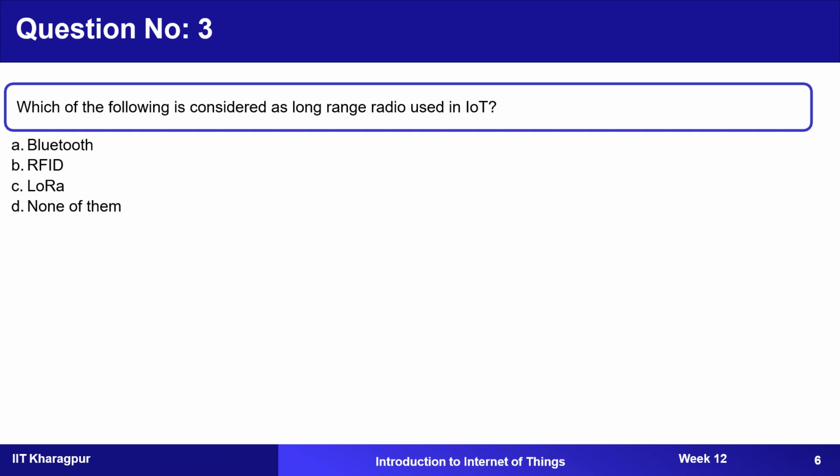Anyone else? It's option C, LoRa. Right, option C, LoRa is correct.